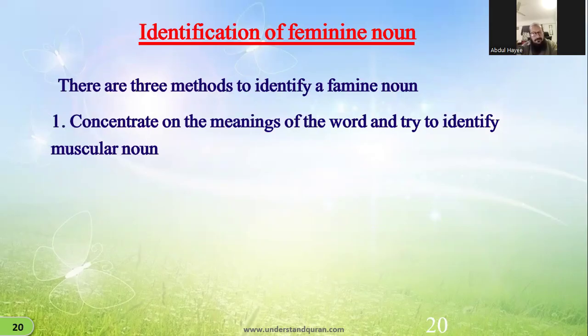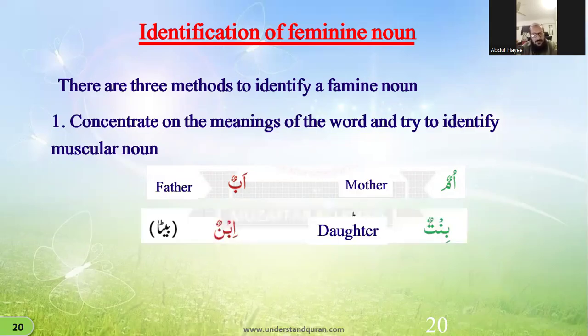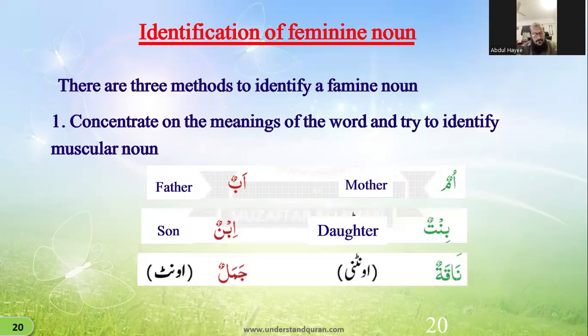How to identify the feminine noun? There are three methods to identify the feminine. Concentrate on the meaning of the word and try to identify the masculine one. That is one method. Just like ummun, mother; ubun, the father; or bintun, daughter; ibnun, son; naqatun, female camel; jamalun, camel.